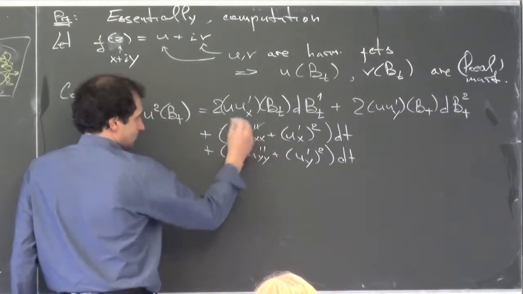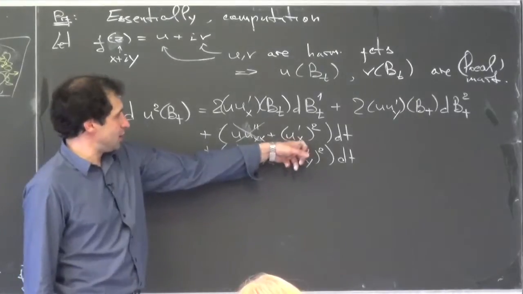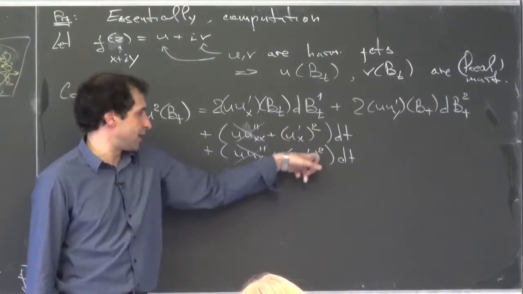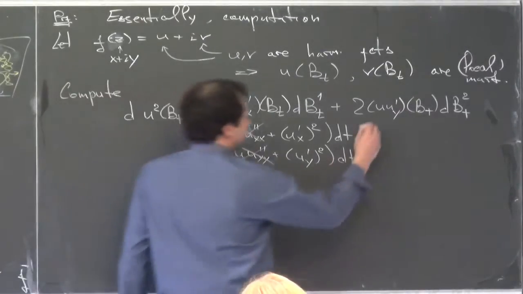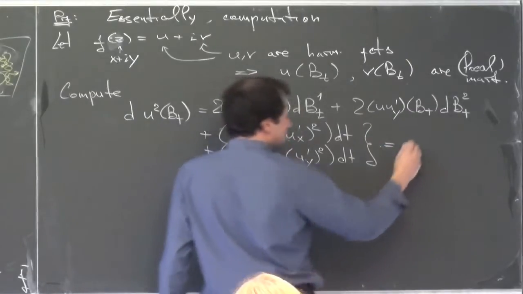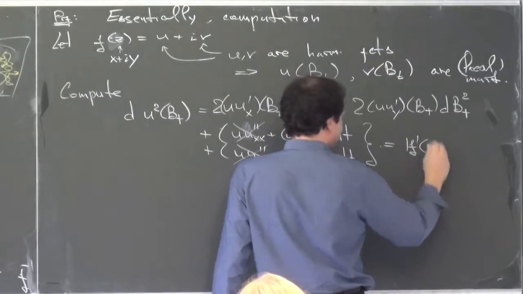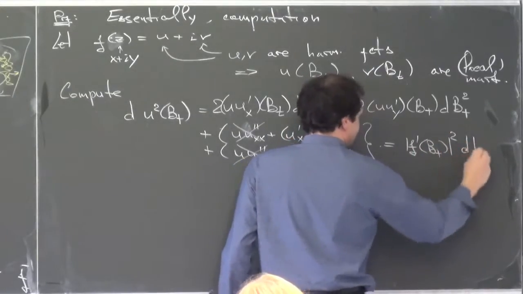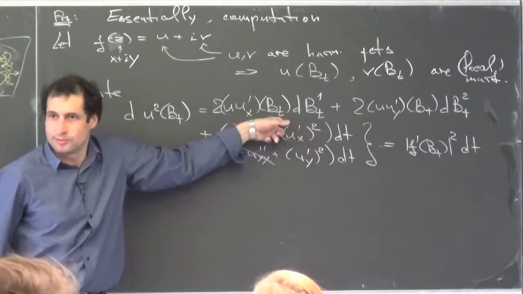Then these two cancel out because the function is harmonic. And what you see is u_x squared plus u_y squared. So this is |f prime| squared. So altogether, this is equal to |f prime| squared dt. Everything is computed at this point, B_t.